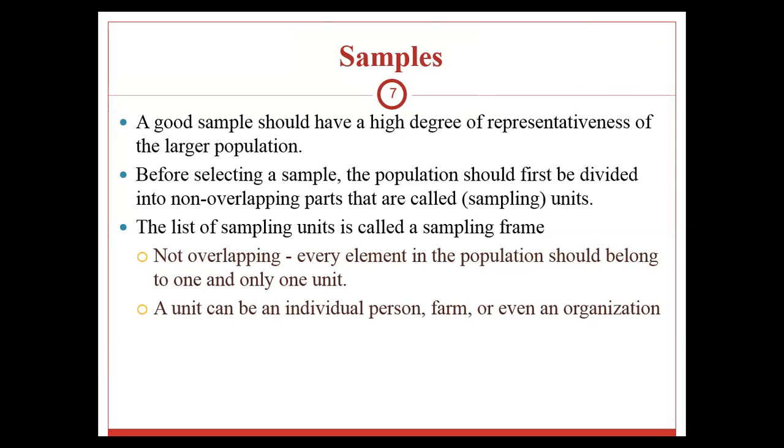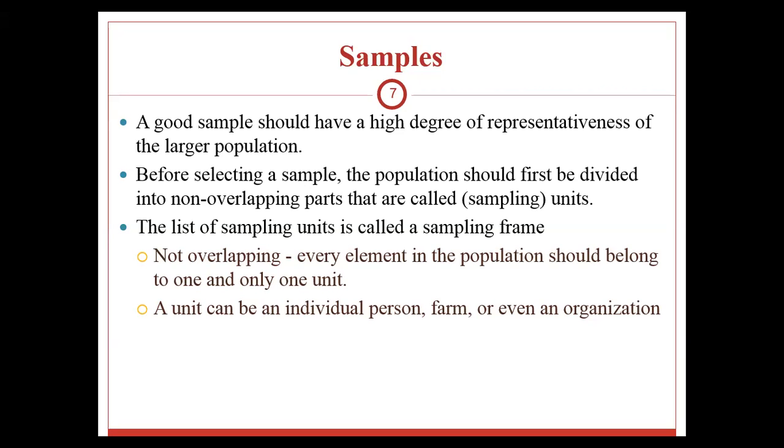The unit can be an individual person, a firm or an organization. Basically, before you sample, you should know that, okay, the sampling unit is an individual, so you have the population divided into individuals. This sampling unit should be non-overlapping, meaning every element should belong to one and only one.